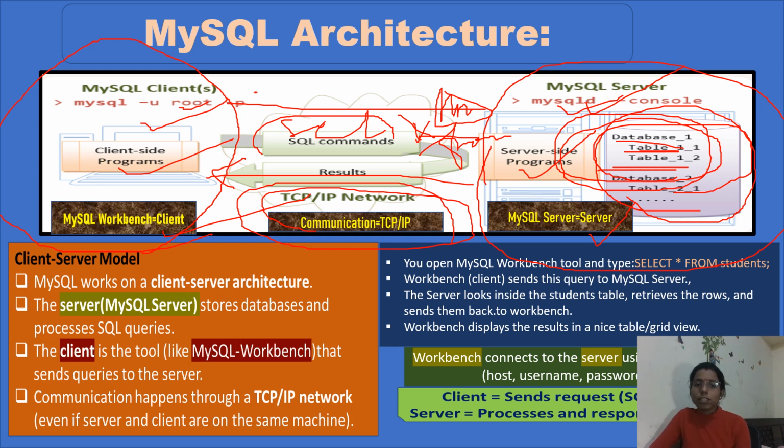That's why the server looks inside the students table, retrieves the rows and sends them back to whom? Obviously the client, which was the sender. When the MySQL server gets and retrieves the data, it sends it back to the client. Then Workbench displays that result in tabular form or grid view.